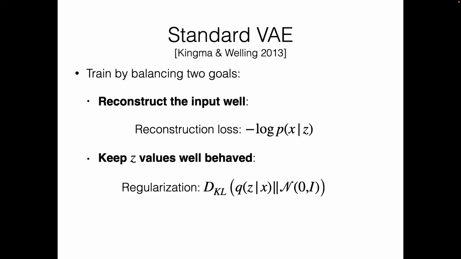You want to keep them well behaved so that you can produce samples easily from the model. So what you can do is have this regularization term, and it's basically saying that the encoder should have a distribution of latent variables that's kind of close to just this Gaussian distribution.